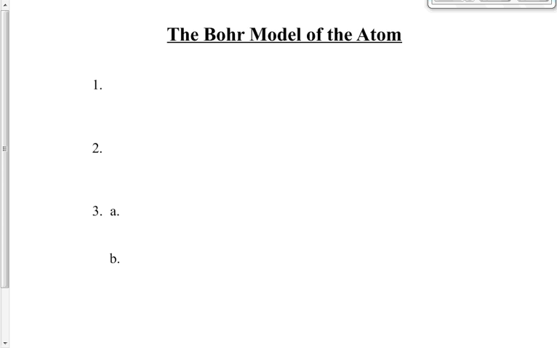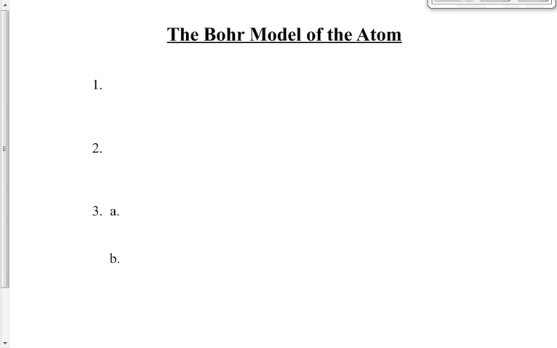I can kind of agree with some of that stuff. The idea that there's a small, dense, positively charged nucleus, yeah, I can go with that. The fact that most of the atom is empty space, yeah, I can go with that. I like that. It seems to work for me. The fact that the electrons are orbiting around this small, dense, positively charged nucleus, yeah, I can go with that too.